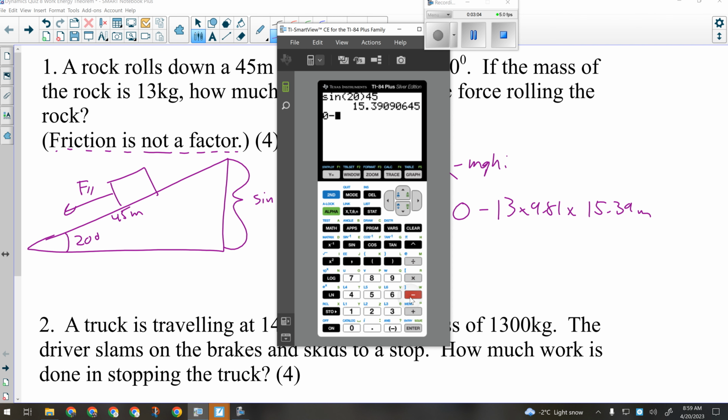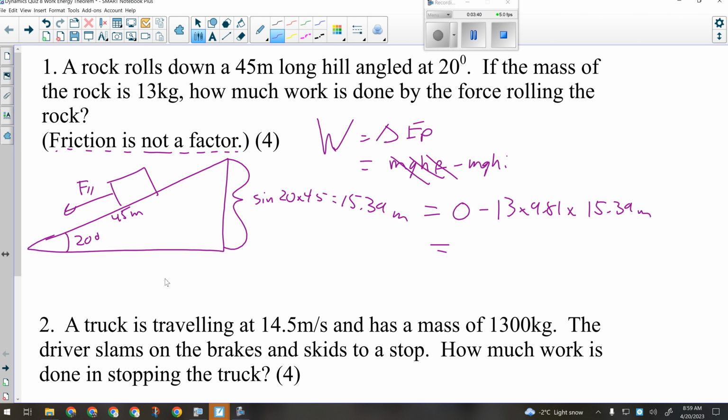And actually, I should use the whole number. Okay, so we've got negative 1,962.8, but we only have two significant digits, so negative 2.0 times 10 to the 3 joules.